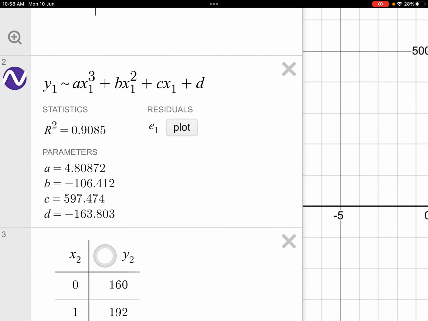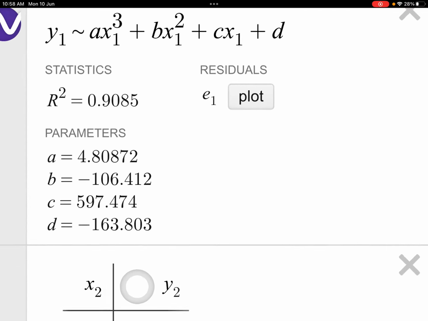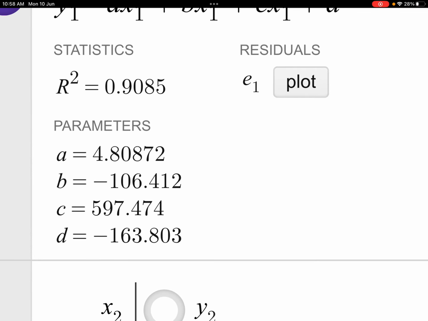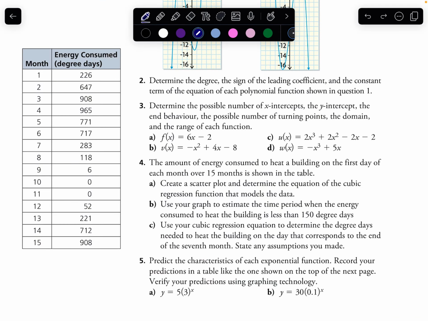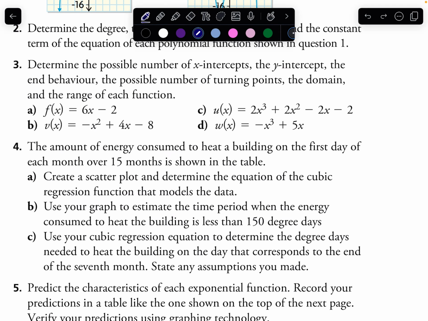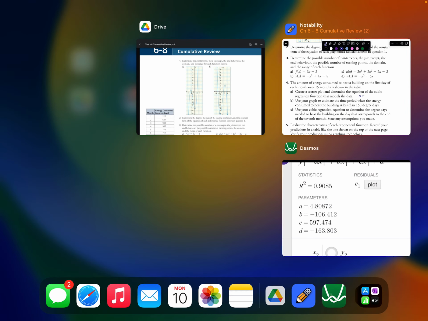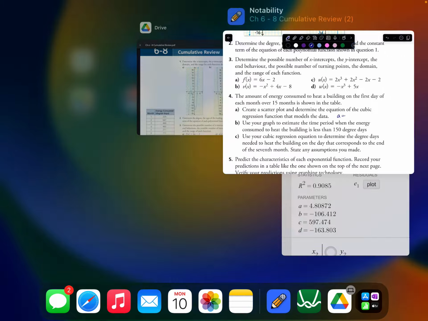And all of our letters here, we just sub in. So A equals 4.80872.